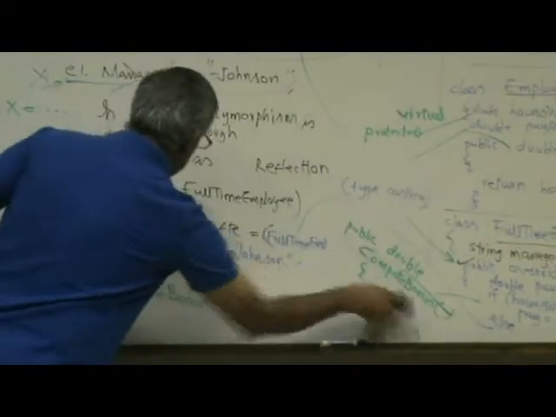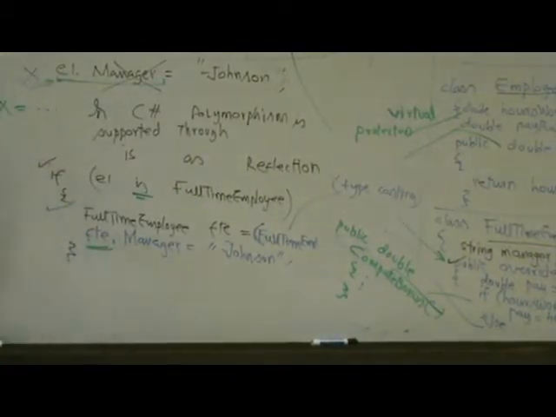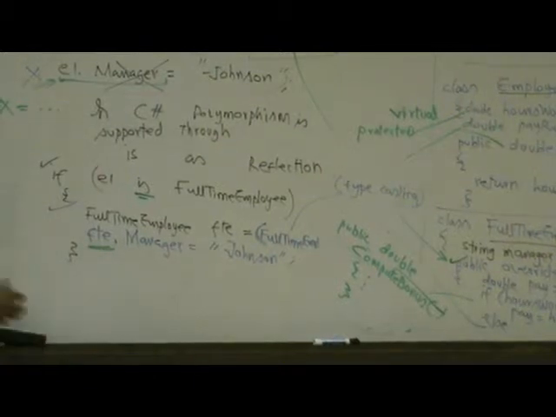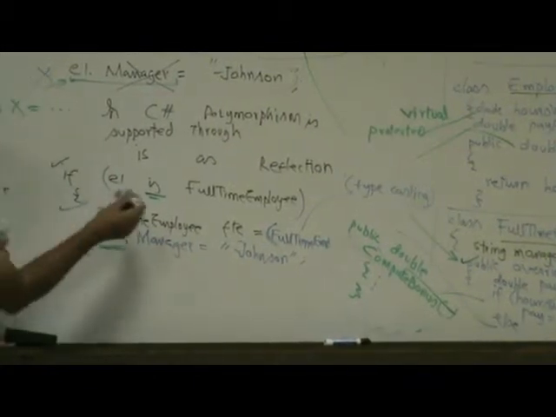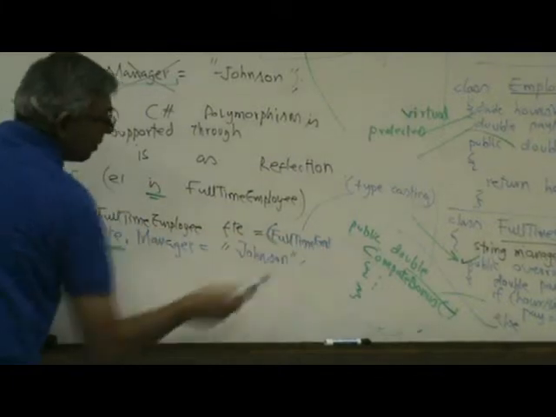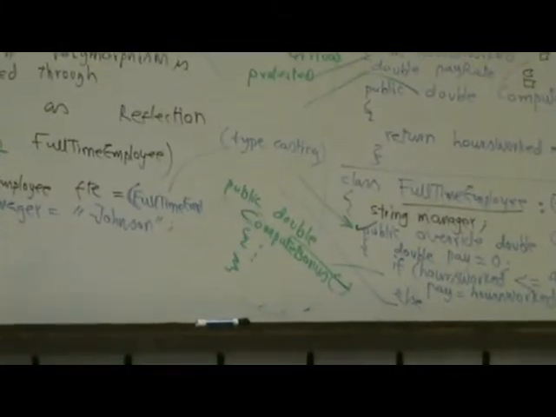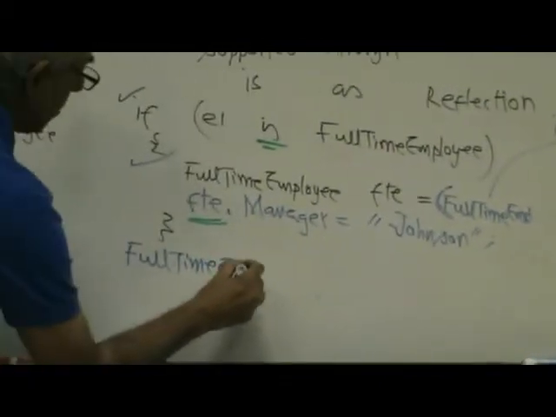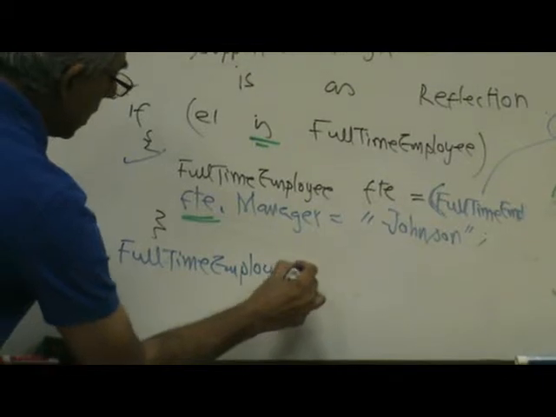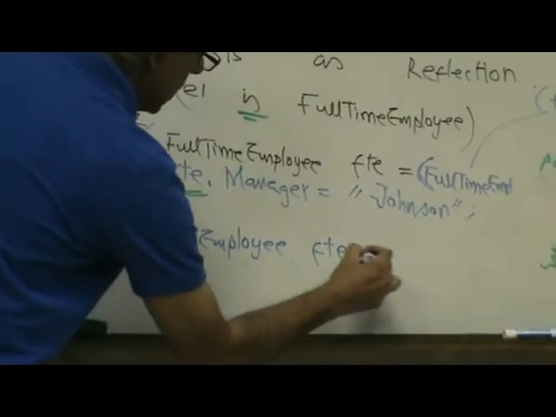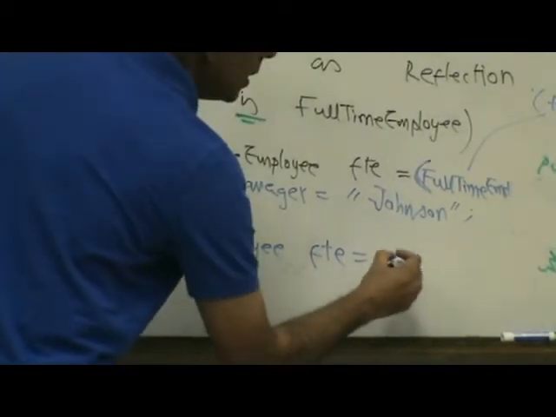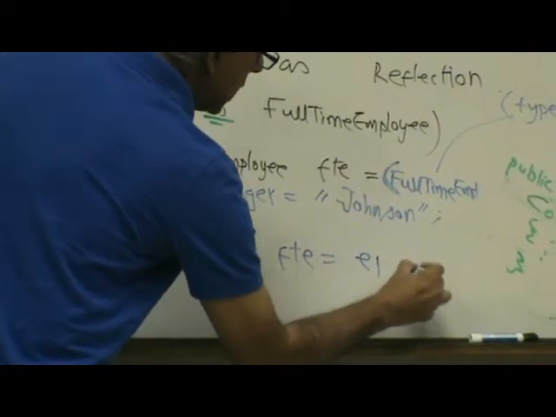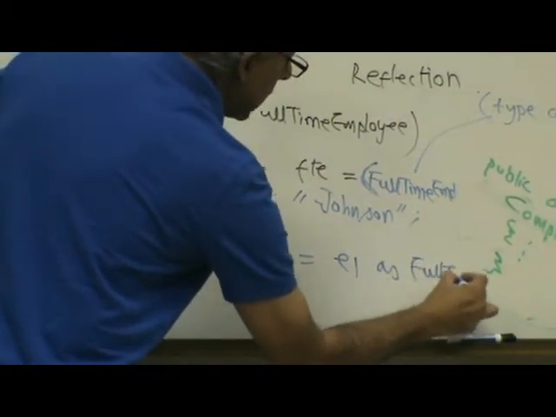So let me call it using the as operator now. If I were to make a call to the compute bonus in the full-time class using as operator, it will look like: full-time employee FTE equal to E1 as full-time employee.